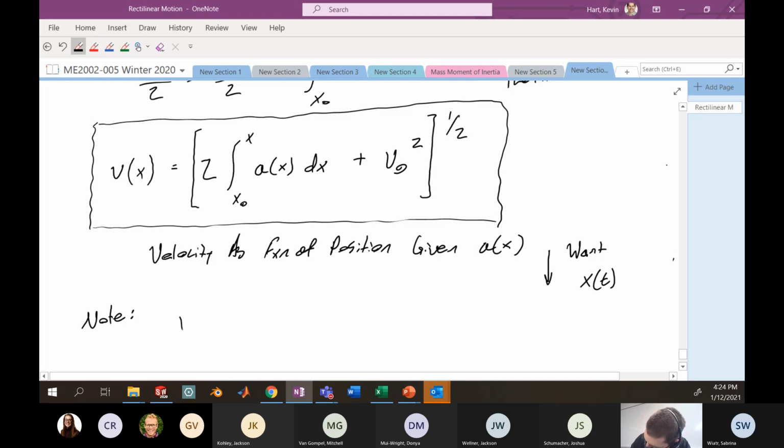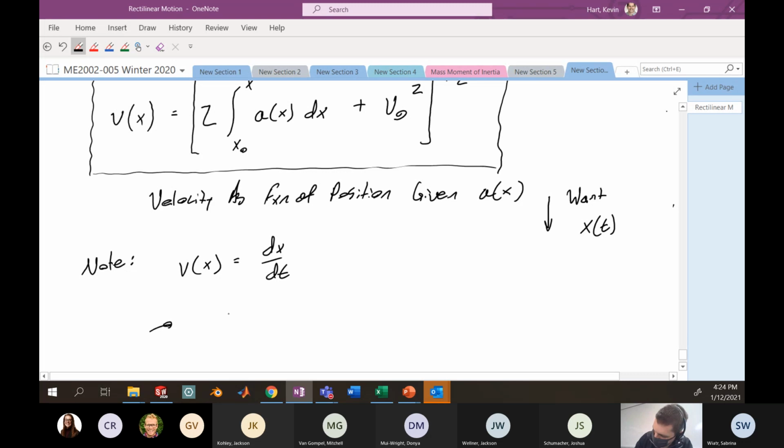We know that velocity is the time derivative of the position, or dt is dx over v_x. A little bit strange, just rearranging here. But in this situation, all my position information is on this right-hand side, because I can write velocity in terms of position. All my time information is over here. So I can ultimately determine what is my position as a function of time, given this general equation.